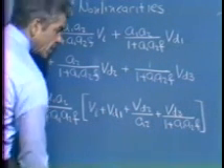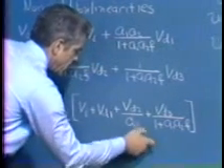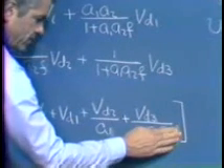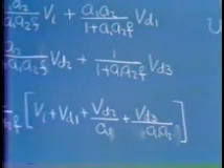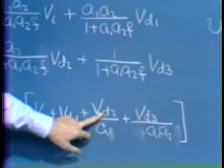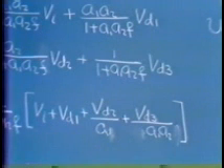This should actually be A1. I'm sorry. This should be A1, and this should be A1, A2. So we get VI plus VD1 plus VD2, the second disturbance, divided by A1.